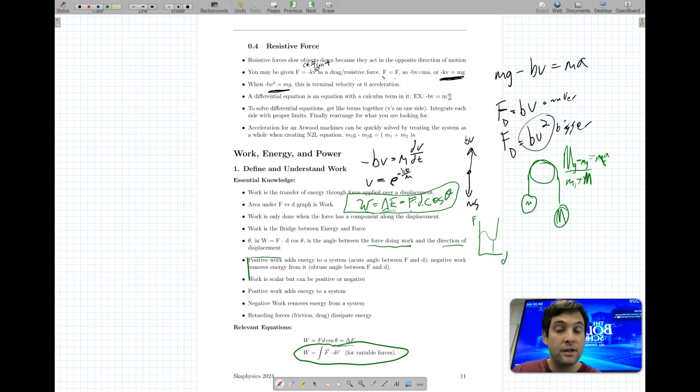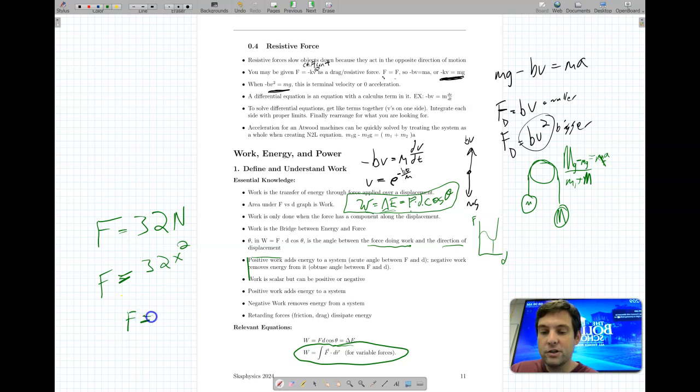There's also another really big clue for when to use calculus on your AP Physics C exam, and that is in AP Physics 1, we would be given a force of 32 newtons. That's it, just a number. Whereas in AP Physics C, you'll be given force as a function, which may be 32x squared.